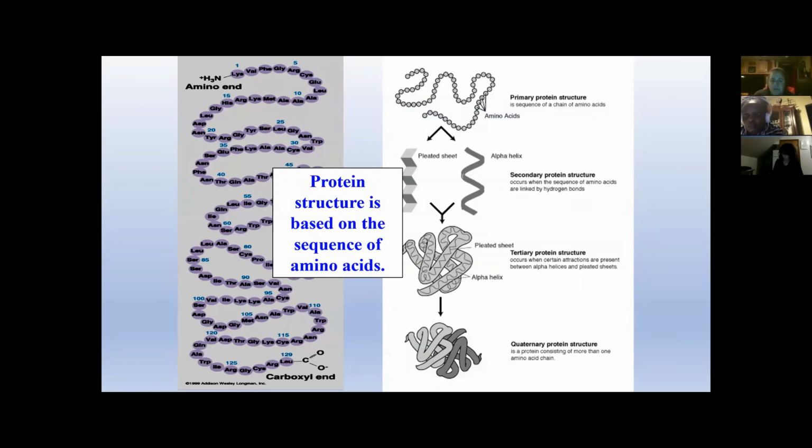Though you don't have the rigidity that you tend to find in cellulose, which is a very rigid, very linear chemical structure, and you see that in plant cell walls.